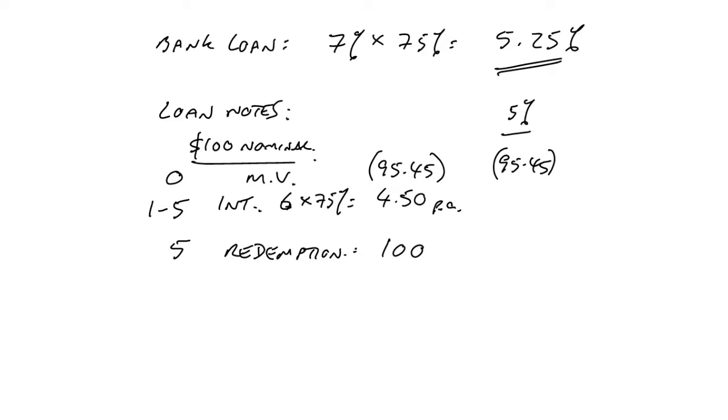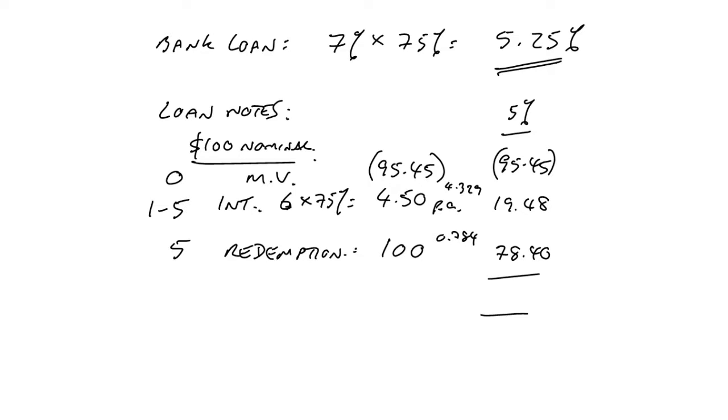I've lost my tables again. Where on earth have I put them? Here we are. The 5-year annuity at 5% is 4.329. And so the present value of the interest, 4.50 times 4.329, is 19.48. And the redemption, the ordinary present value factor for 5 years at 5% is 0.784, which is 78.40.